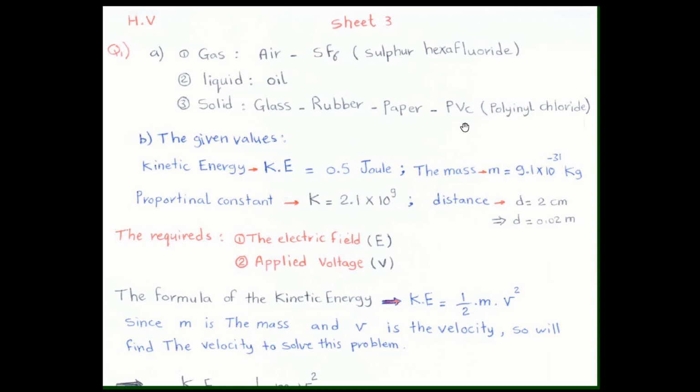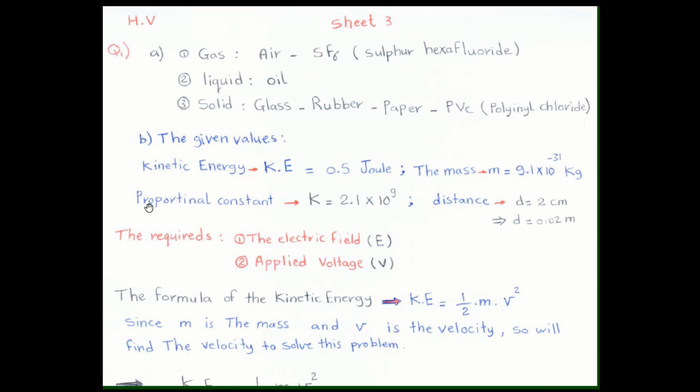So let's move on to the second requirement of this question and see the given values. In the second part, he gives us a kinetic energy. We will give the kinetic energy the symbol Ke, which is equal to 0.5 joule, and the mass, M, is equal to 9.1 into 10 to the power minus 31.